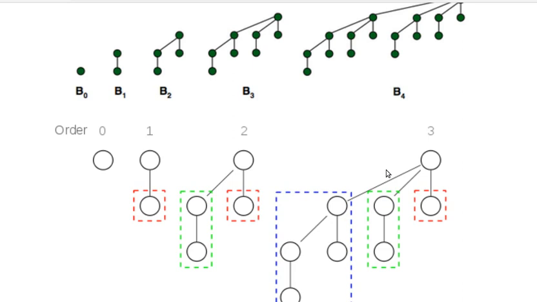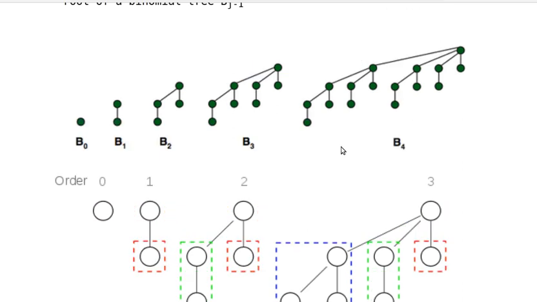And for order 3 binomial tree, B3, it has a root and then three children, B0, B1, B2, and so on.